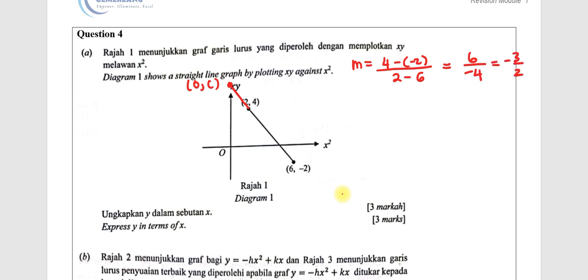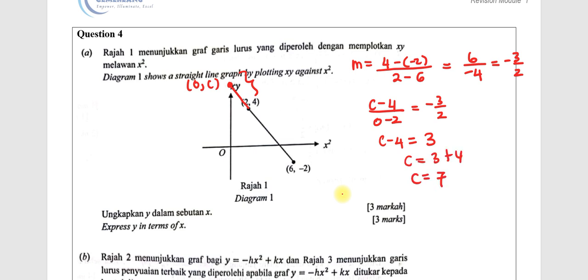Now you use the same gradient to calculate your C. C minus 4 over 0 minus 2. You should be getting the same negative 3 over 2. So C minus 4 is equal to, negative times negative is positive, 1.5 times 2 is 3. So C should be 3 plus 4. C is equal to 7.